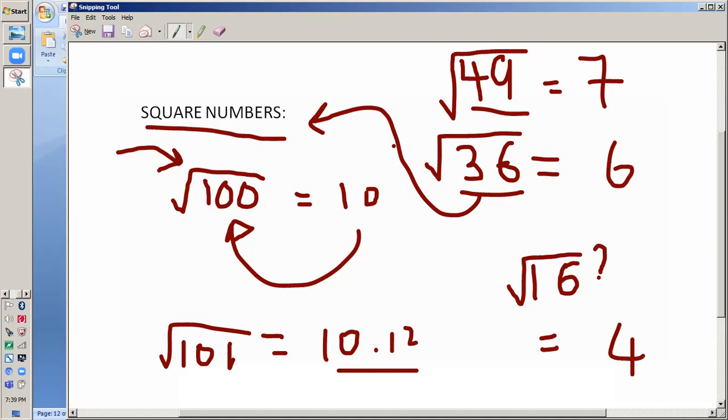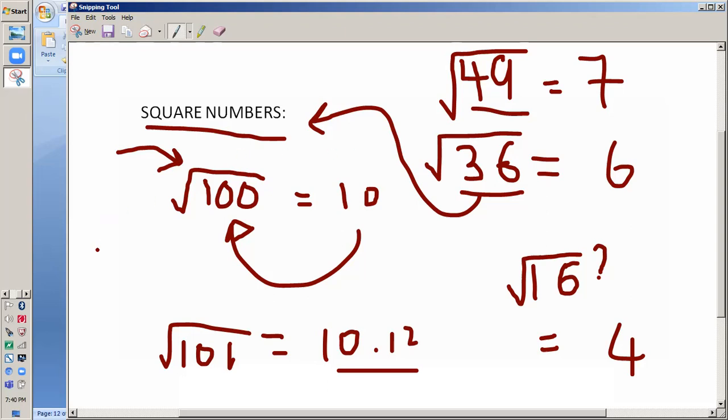Remember now, you can find the square root of any number. But for some numbers, when you find the square root of it, you don't get a remainder. You get whole numbers. Now, when you can find the square root of a number and you get a whole number, then that is how you know that number is a square number.